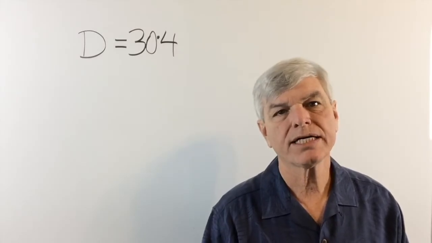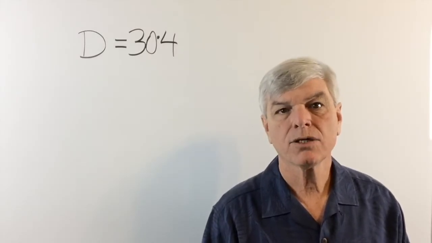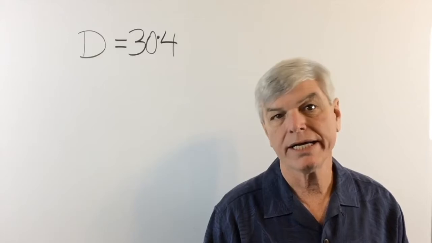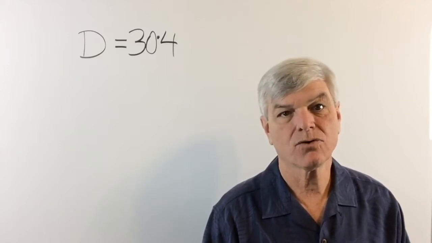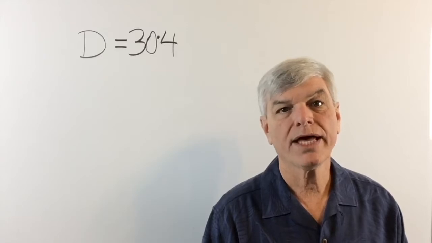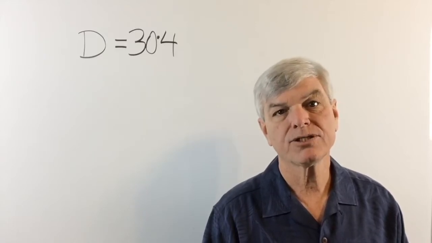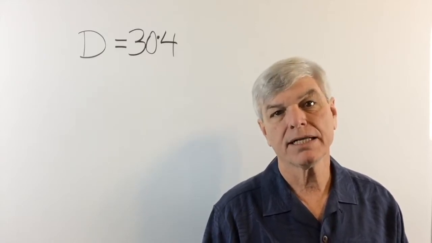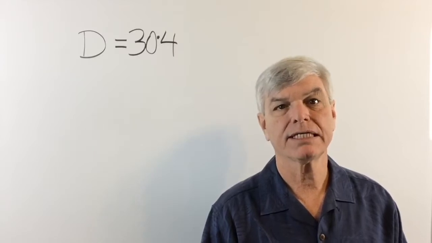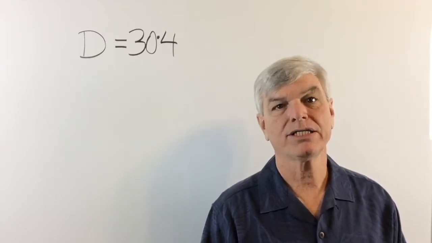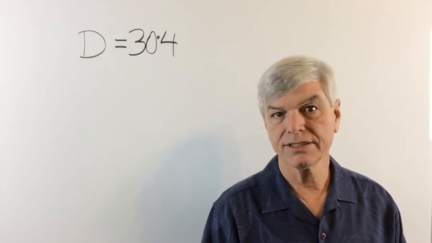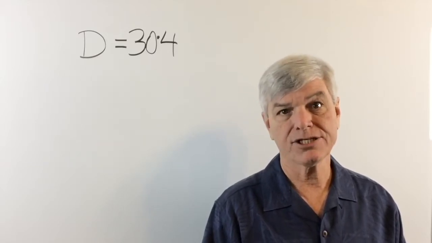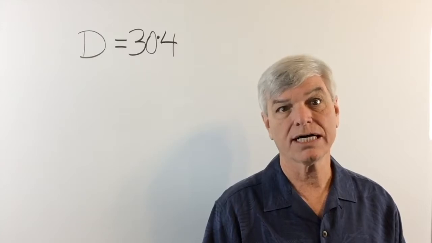So now we have 30 times 4, so we know our distance is 120. Now, if it's 30 miles per hour and it's 4 hours, we know that the distance is going to be 120 miles. But it could be kilometers and it could be a lot of different things, and we're not going to get into that right now. I just want to show you how DRT works. Now, you'll hear me say DRT, and that's just short for D equals R times T.